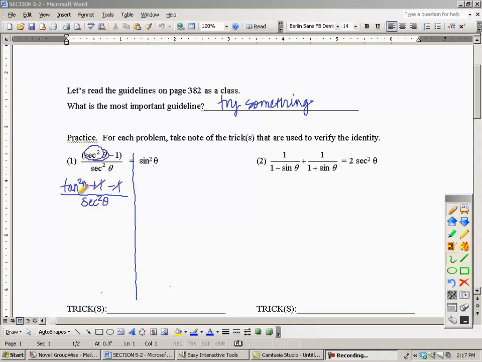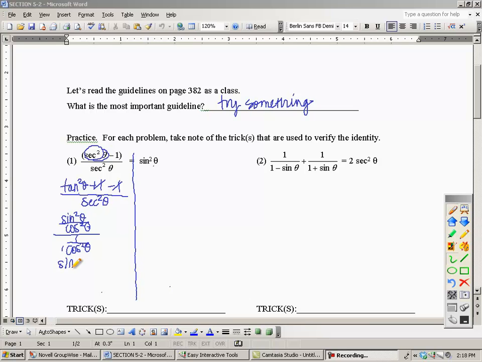I'm going to rewrite this because I want to get back to sine. So I'm going to rewrite tangent and secant in terms of sines and cosines. So the tangent squared is sine squared over cosine squared, and I divide that by secant squared, which is 1 over cosine squared. Now, instead of dividing by a number, I can multiply by its reciprocal.